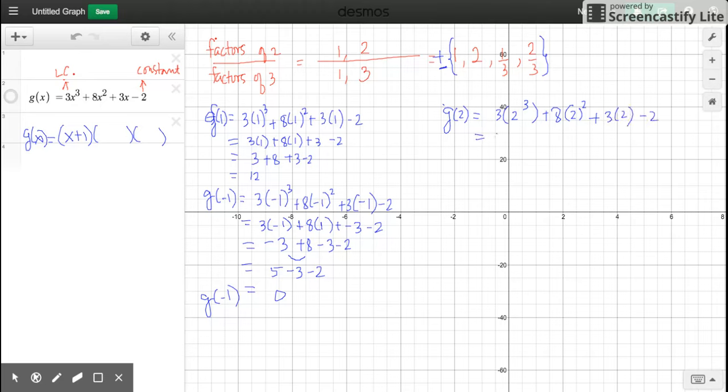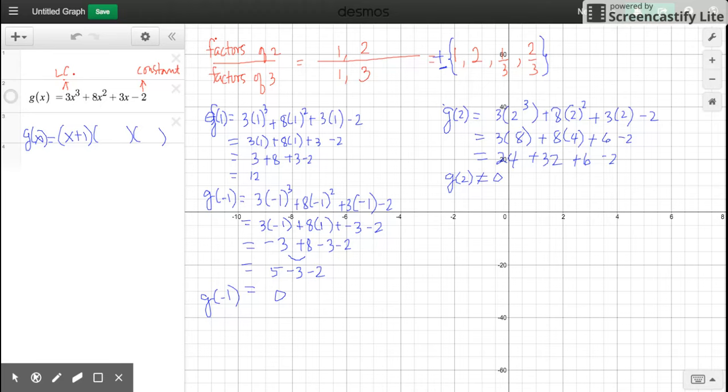So this will be 3 times 8 plus 8 times 4 plus 6 minus 2. So we'll have here 24 plus 32 plus 6 minus 2. I think g of 2 is not 0. So it's not a 0.